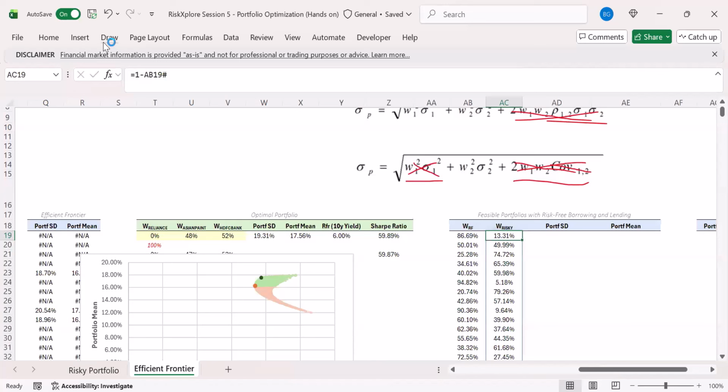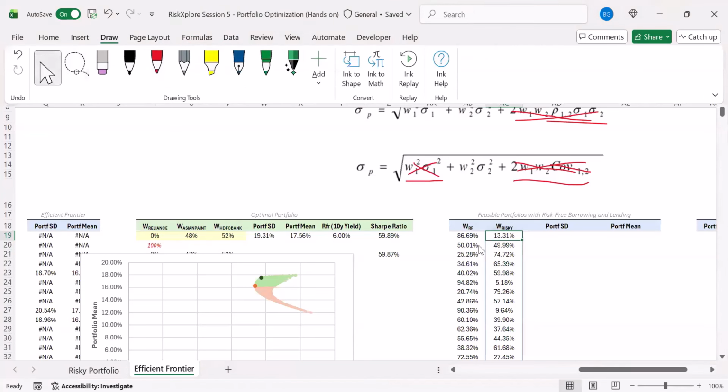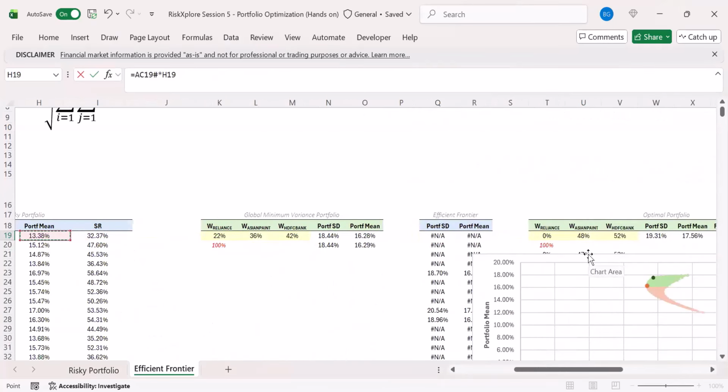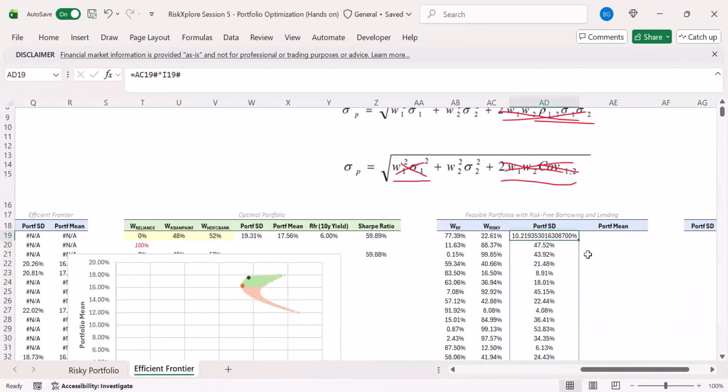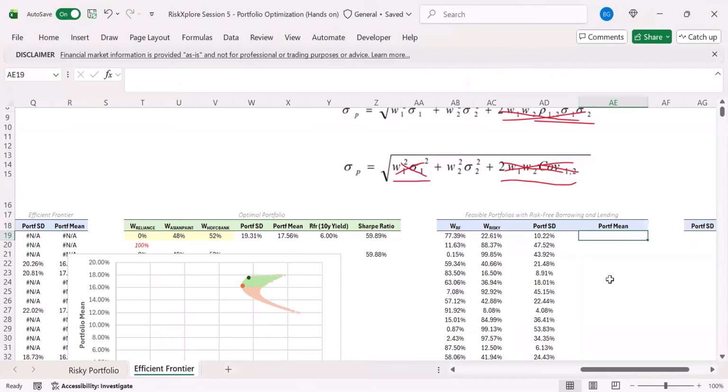So what can we do now? In order to find out portfolio SD, we can simply multiply the weights of the risky asset by the SD that we computed here, right? For each of the 10,000 simulations, we get the portfolio SD here. Similarly, what will be the mean?